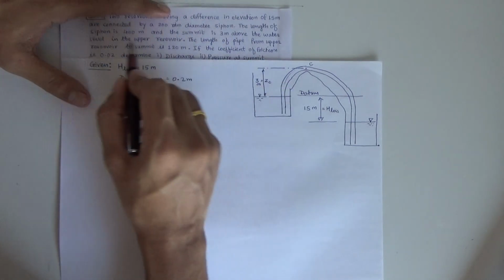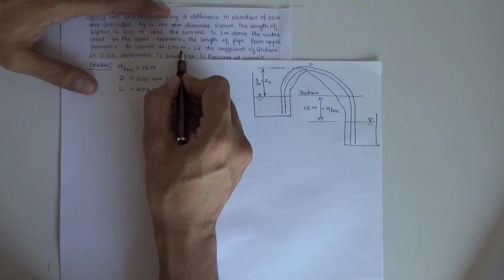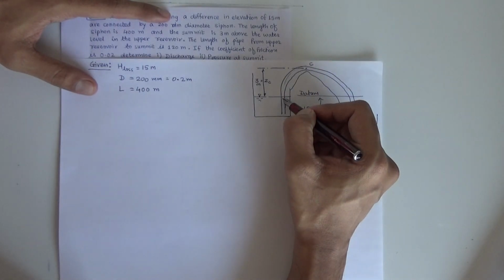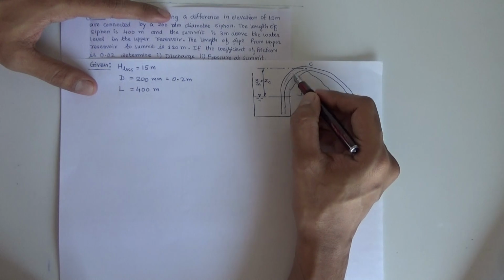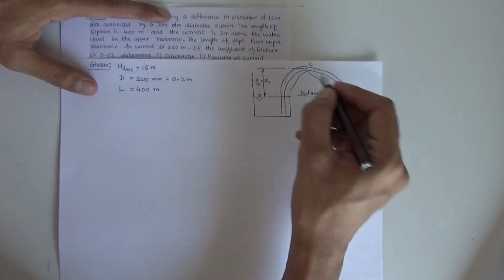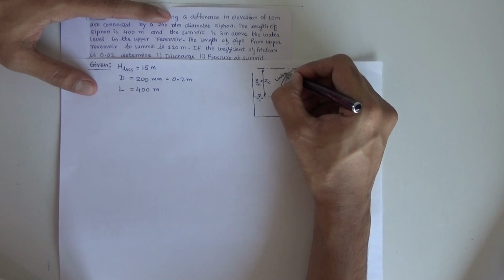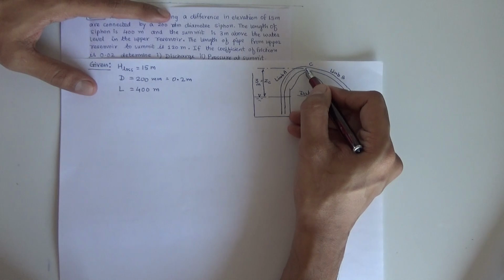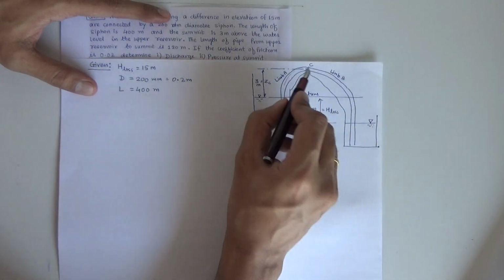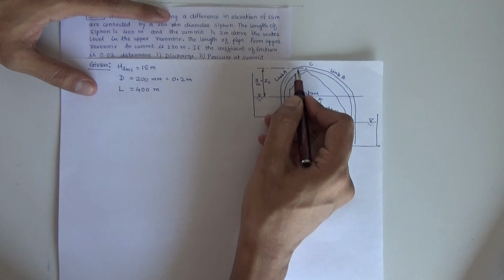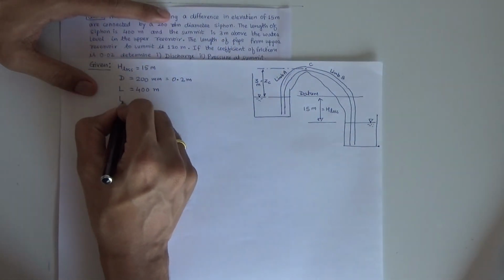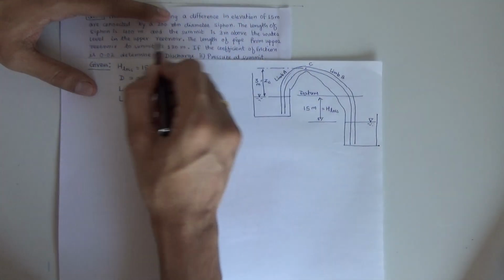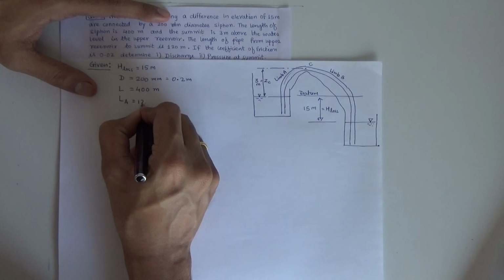The length of the pipe from the upper reservoir to the summit is 120 meter. This length I have called limb A, and this is limb B. From the summit to this side it is limb A, and from the summit to the other side it is limb B. Limb A length is given, I will call that LA, which is 120 meter.